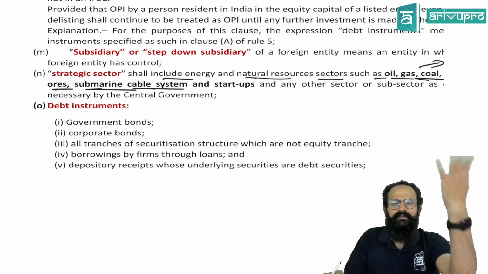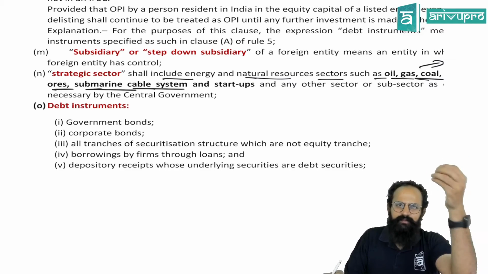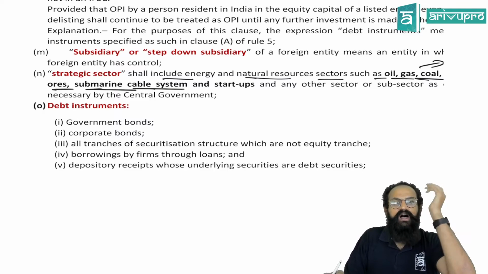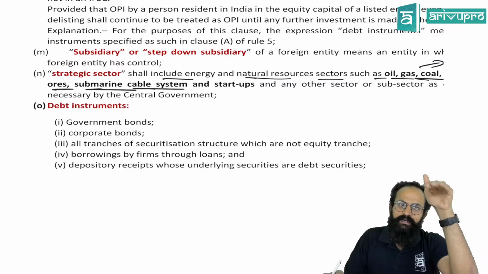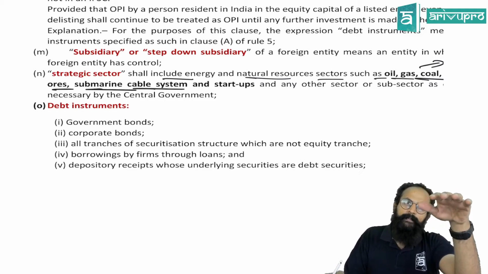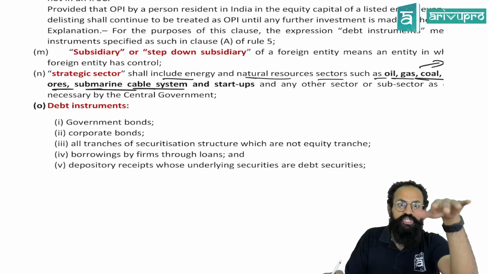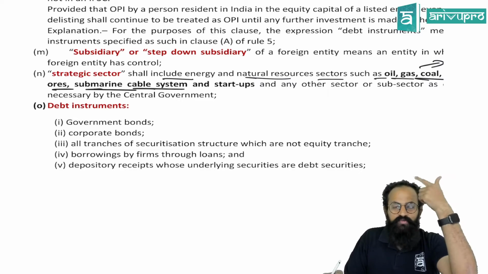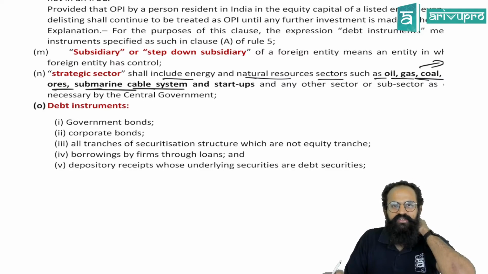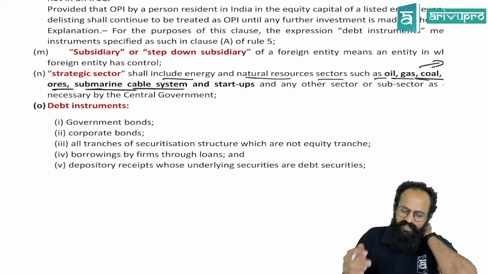Or how will we provide them some other wiring related things? Telecom, how will we give all those services? They will use something called a submarine cable system. Submarine cable system means the cable, basically the wiring, will be put underneath the ocean bed. So if any company is into that, it is called strategic sector. All that detail is not there, but I'm just telling you.